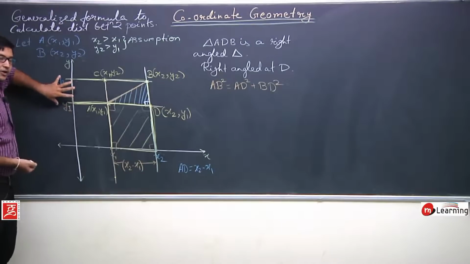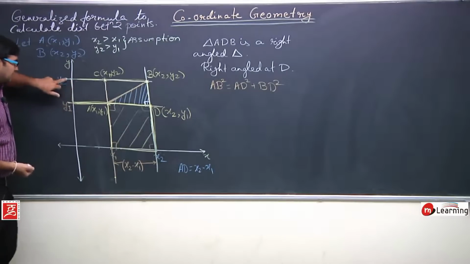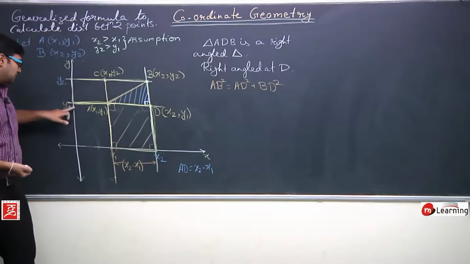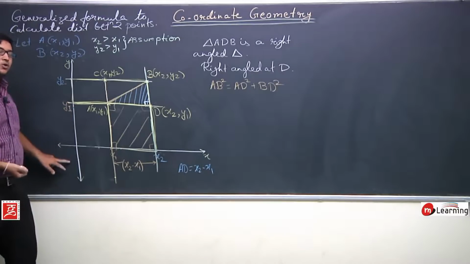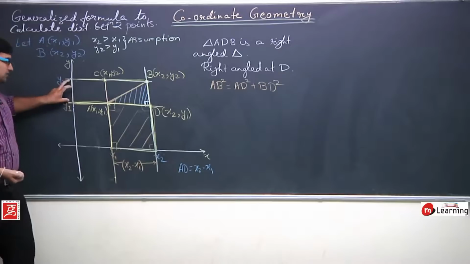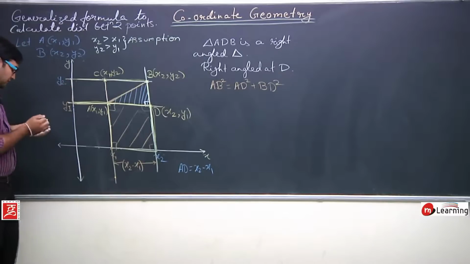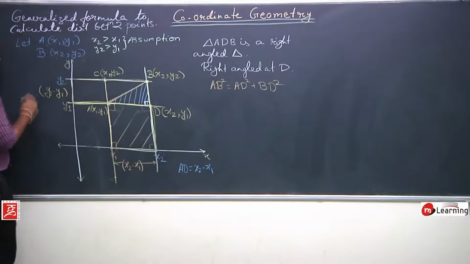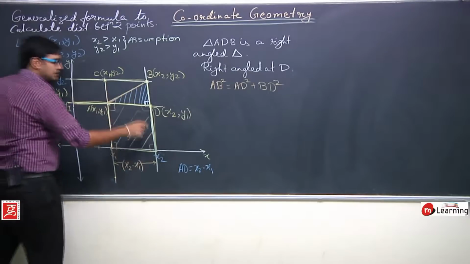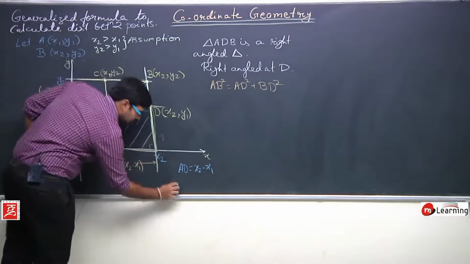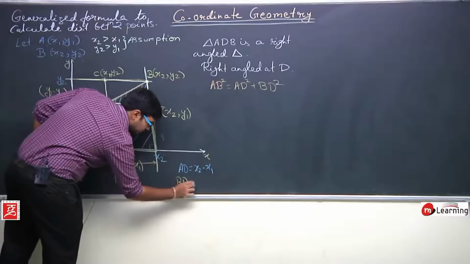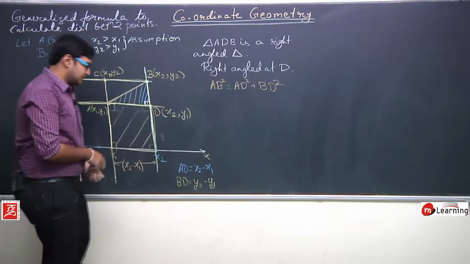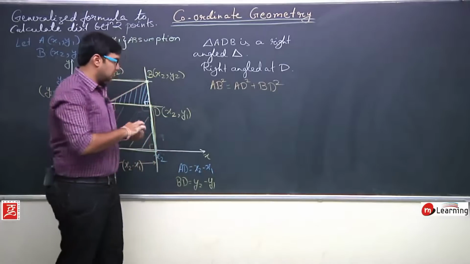Okay, the length of y2 y1 is what? You can see that this point is y2 units away from origin and this point is y1 units away from origin. So the distance between these 2 points will be equals to y2 minus y1. So the length of BD is equals to y2 minus y1. So I can substitute these 2 values in this formula.